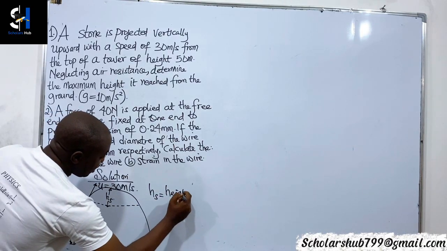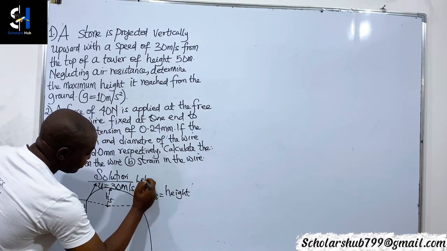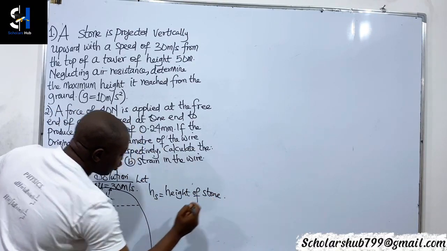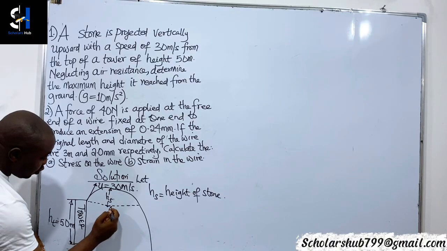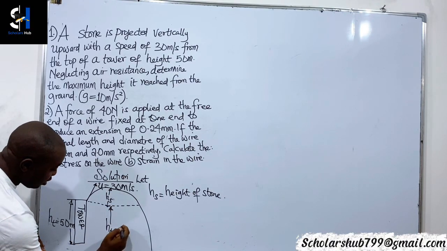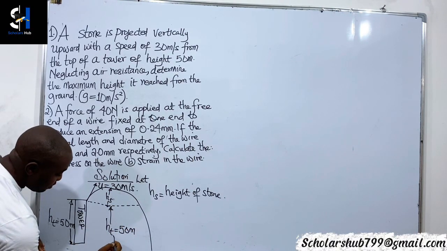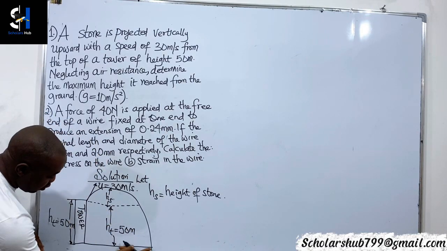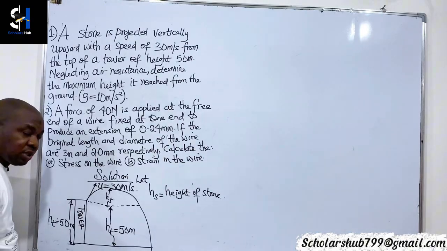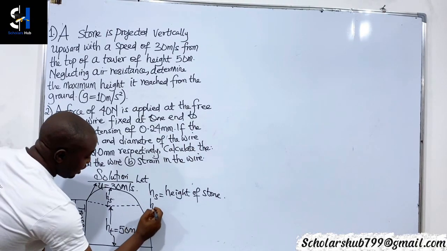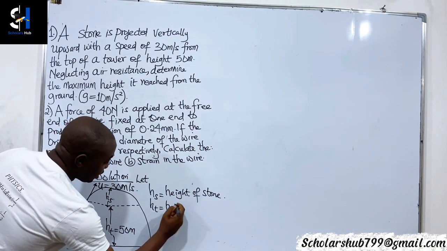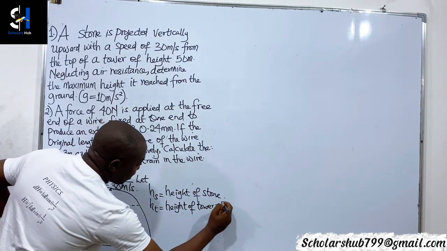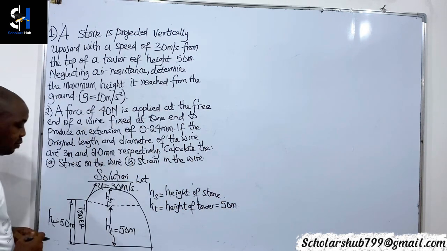So let h subscript s equal the height of the stone. Also, the height of the tower, from the top of the tower to the ground level, is h subscript t, which is 50 meters.